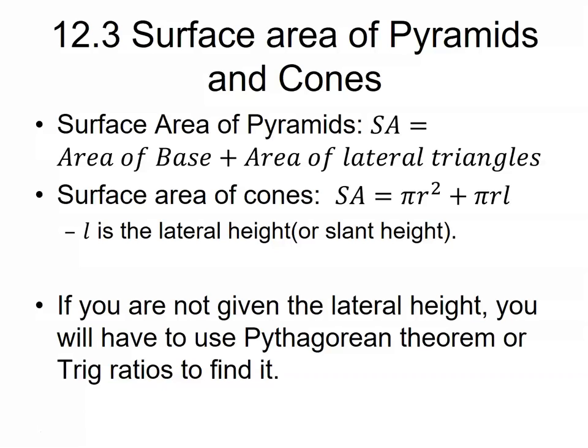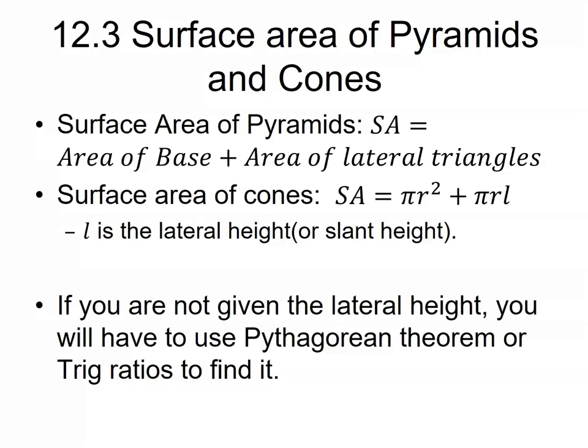It might be a regular triangle, it might be a regular quadrilateral, which would be a square, but it's regular, meaning that all the sides of the base are the same. And then we're going to make sure that it's not what's called an oblique pyramid, where it's kind of tilted on its side.